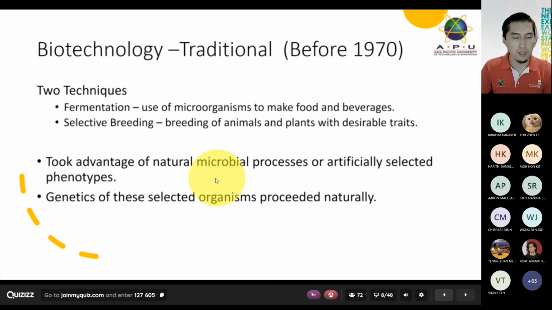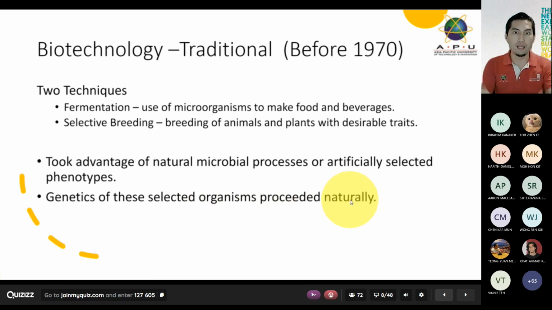So it took advantage of natural microbial processes. The technical term here is microbial because microorganisms are involved. Or even artificially selected phenotypes. Phenotypes, of course, refer to genetic traits. So the genetics of these selected organisms proceeded naturally.